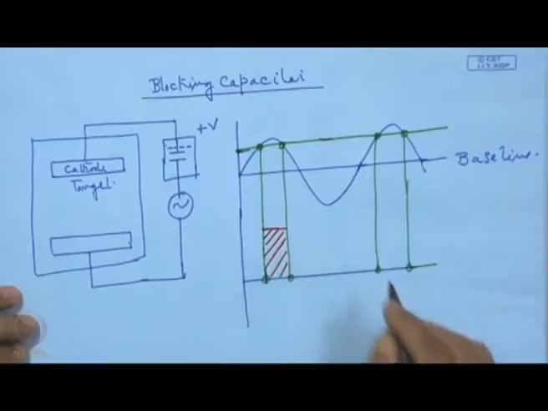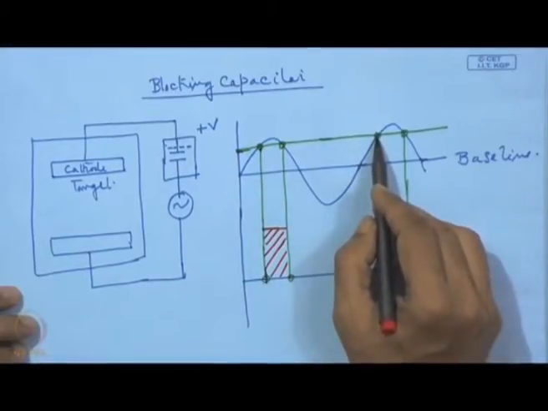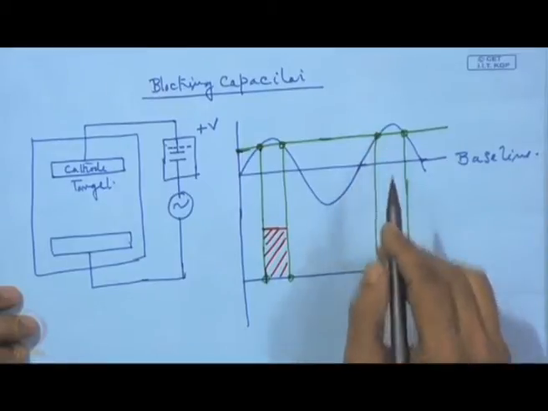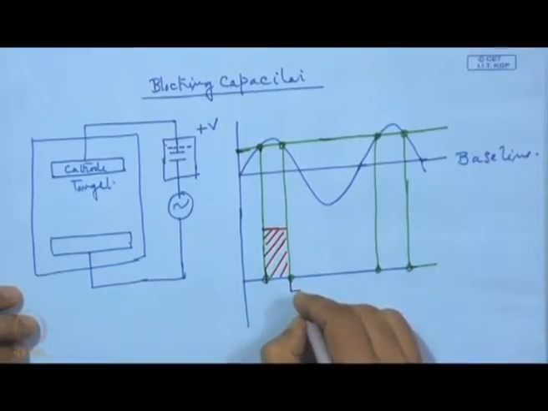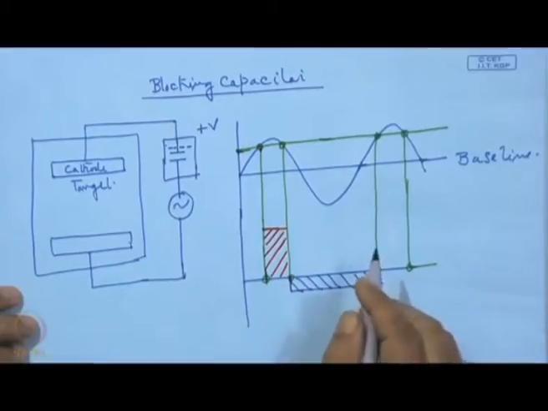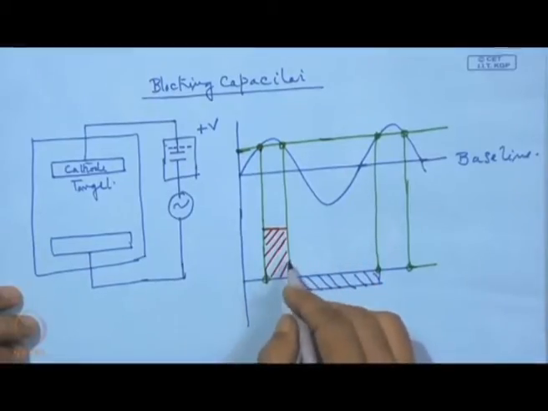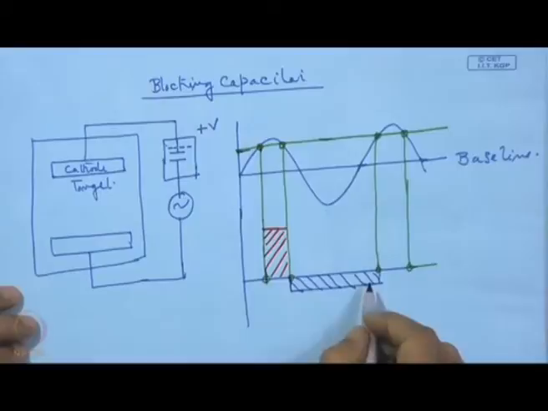This is the net flow of electron current, and from this point to this point constitutes one cycle. In the next part, this is going to be the portion where ion current will flow, such that this area under the curve, shown by this red hatch mark, and this area shown by this blue hatch mark, numerically should be equal.